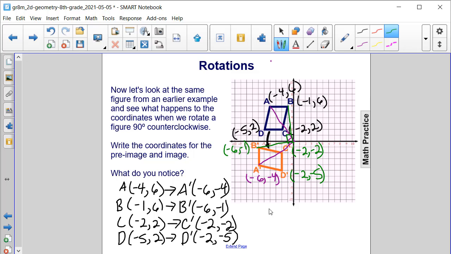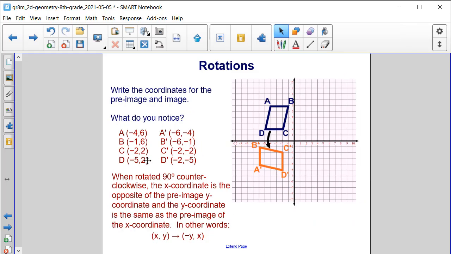So we're going from X, Y. We are switching the X and Y terms around, because notice the -4 goes second, here the -1 goes second. And then the original Y coordinates were all positive, and now those are negative, or getting their signs changed. So this is the pattern that occurs with 90-degree counterclockwise rotations.